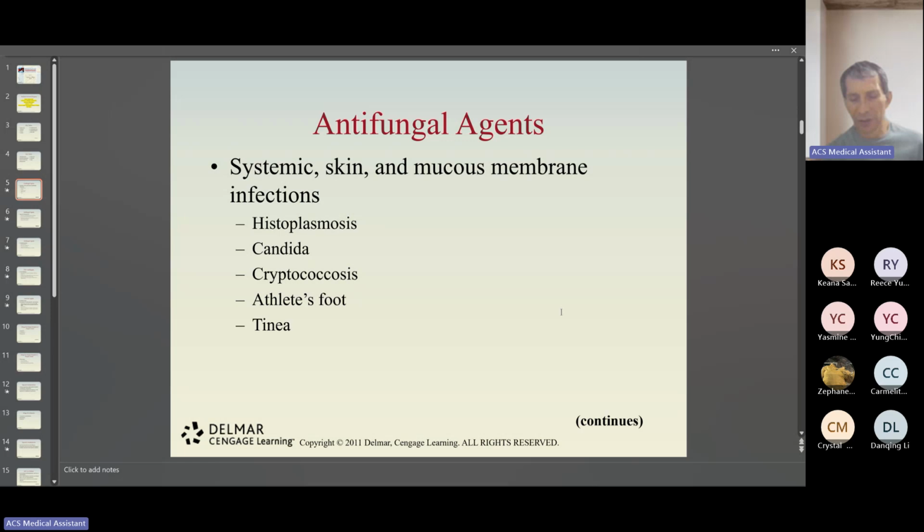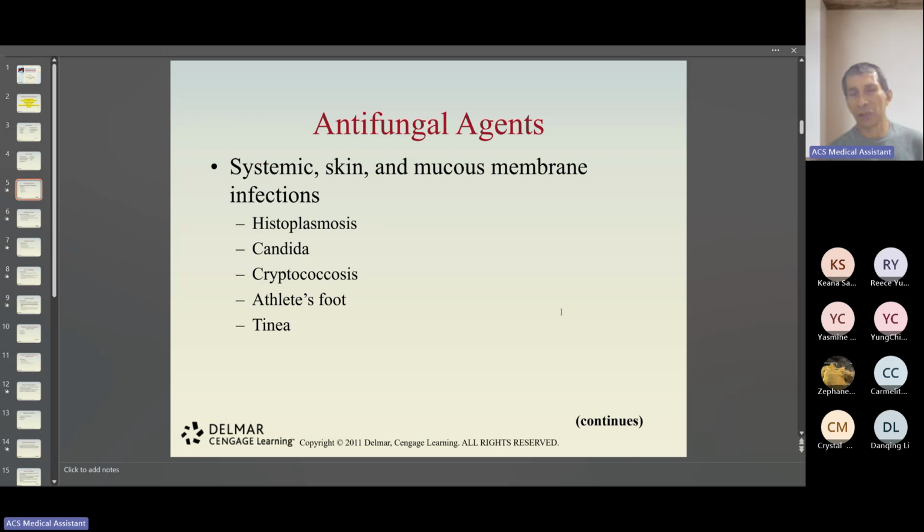Antifungal agents. Remember, we talked about antibiotics; now we're going to talk about antifungal agents. What is an antifungal? A medication that protects you against fungal infections. These fungal infections mostly affect the skin and the mucous membranes, the inner parts of the openings inside our body. We talked about histoplasmosis, a fungal infection.